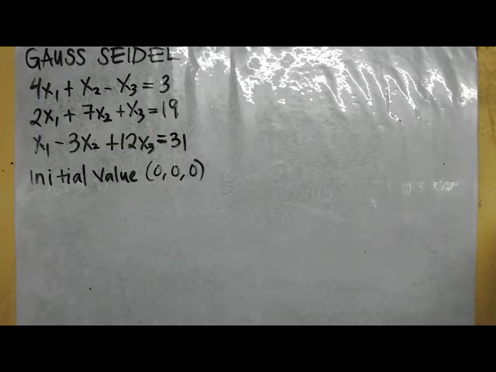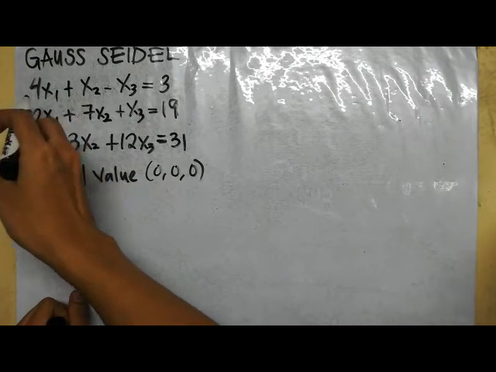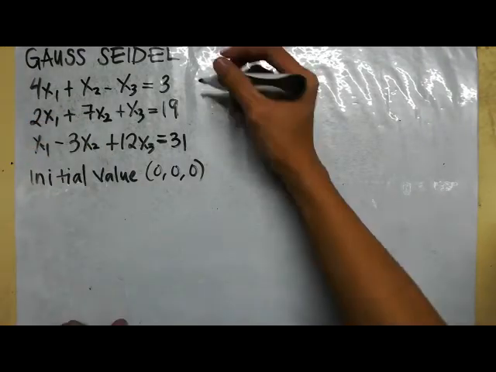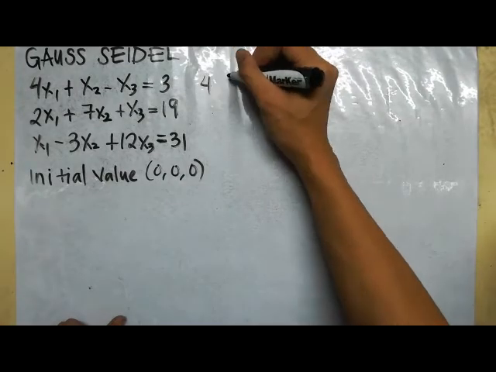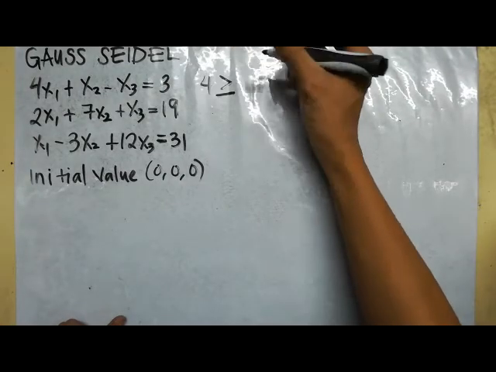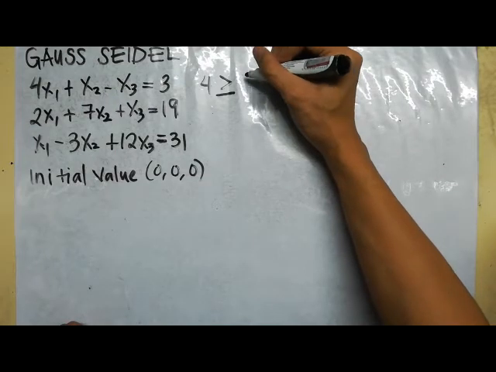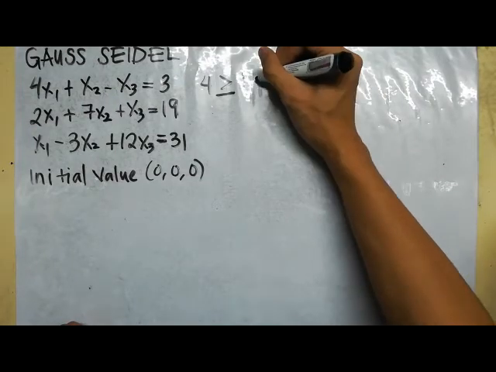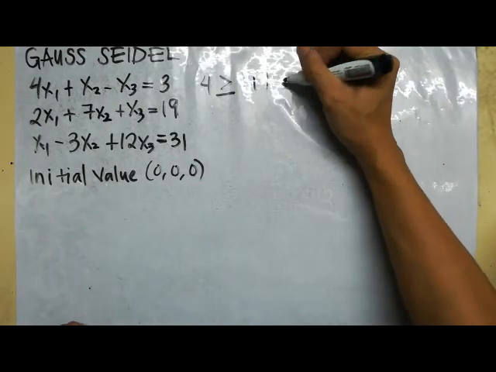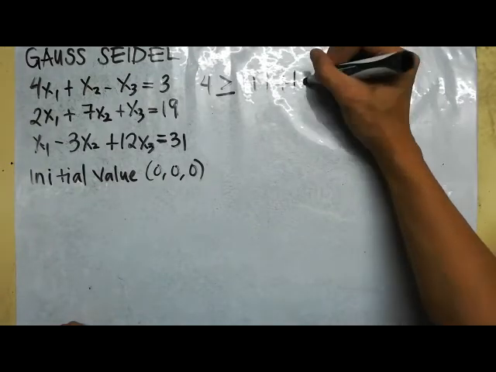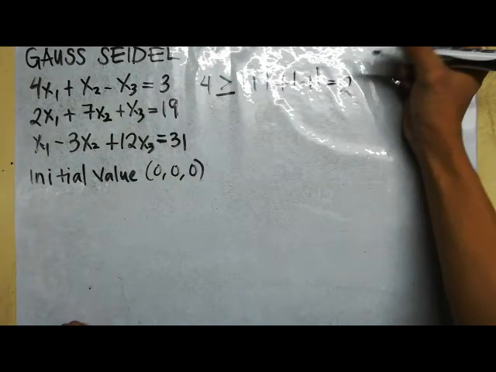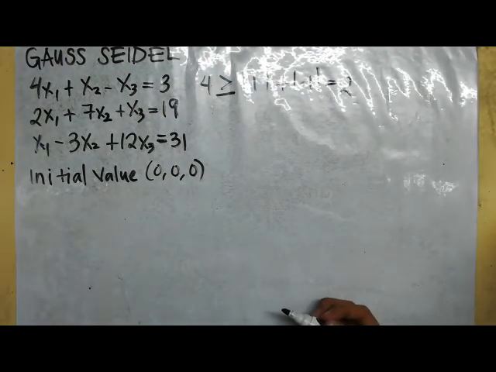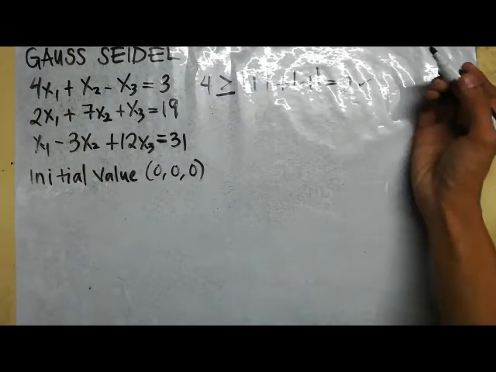First we have this 4x sub 1. So we have 4 is greater than or equal to 1 plus negative 1, so we have 2. Since 4 is greater than 2, this is checked.